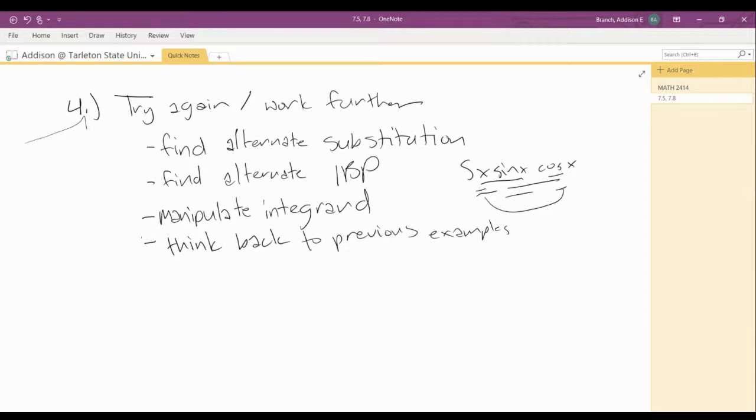What did I do when I did that one? And probably the most important one that you'll come across is to combine different methods. You may have to do a trig sub and an integration by parts in the same one.